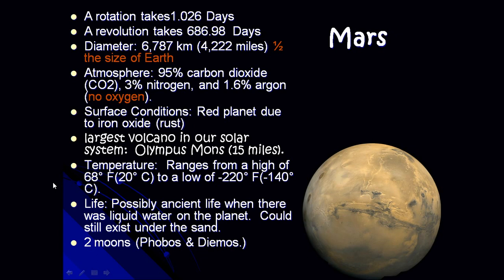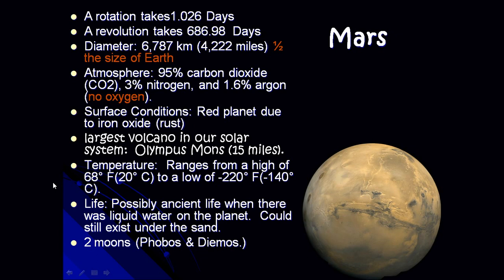Now, it features craters and canyons and all the like, but one defining feature of Mars is that it has the largest volcano known in our solar system. And this is called Olympus Mons, which spans 15 miles high. The temperature on Mars ranges from a high of 68 degrees Fahrenheit to a low of negative 220 degrees Fahrenheit.